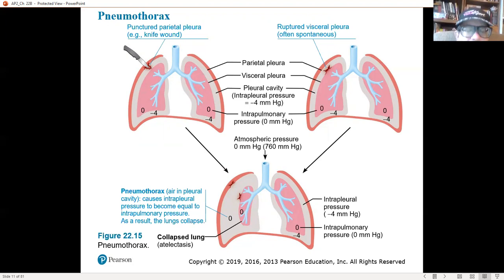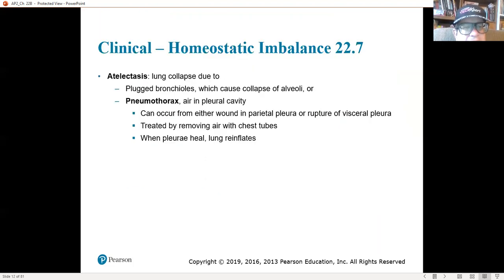That happens. And when the lung loses elasticity and you try to expand it, you might get little tears, little rips, and that'll let air escape the lung into the interpleural space. It'll come from this side, not from the outside, but you'll still end up collapsing the lung. That's why a lot of older smokers in nursing homes can get collapsed lungs.